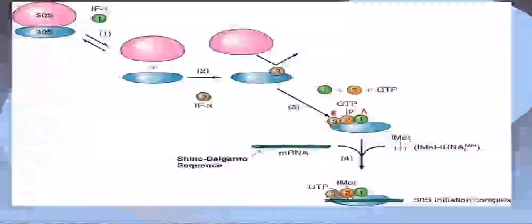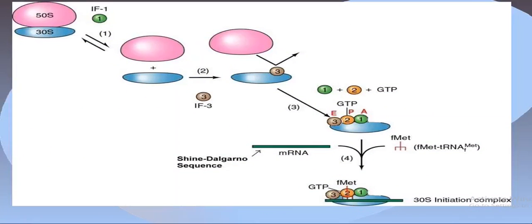This picture describes the various events taking place before the formation of the initiation complex. First, the larger and smaller subunits are separated via the initiation factor 1 and 3 binding to the smaller subunit.